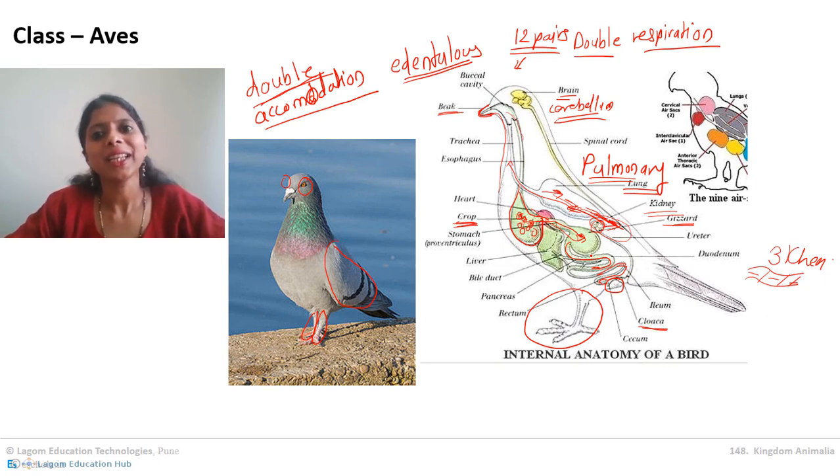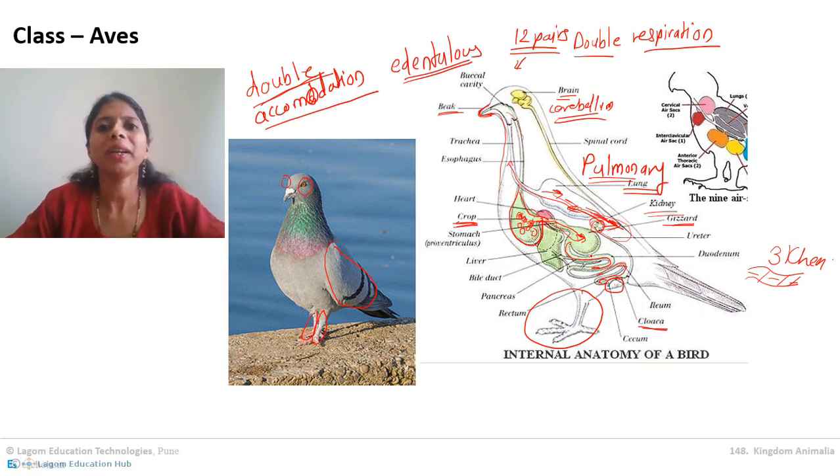So basically all birds are warm-blooded, and their temperature is very high as compared to other animals. When I consider a sparrow or a pigeon, their body temperature is above 40 degrees Celsius. Human body temperature is 37 degrees Celsius, but a pigeon or sparrow's body temperature is 40 degrees Celsius, more than human beings. Understanding? More than all other mammals.